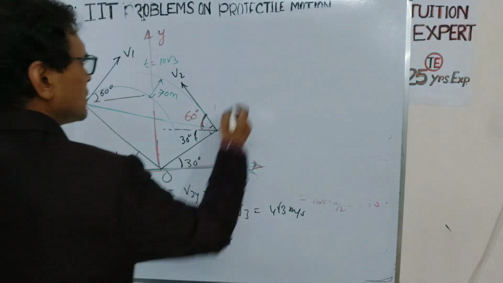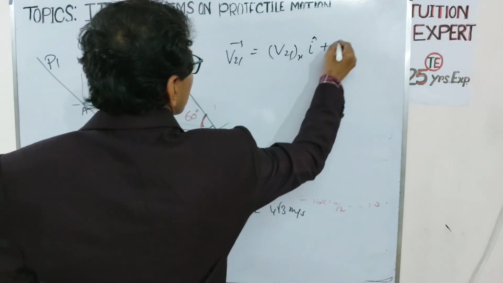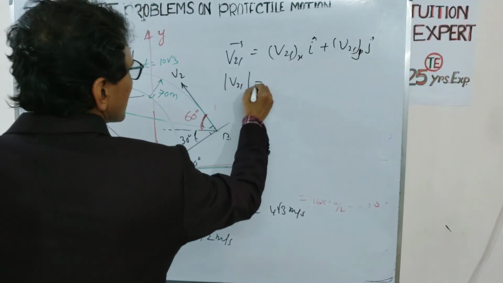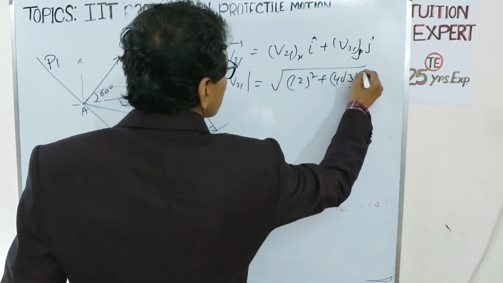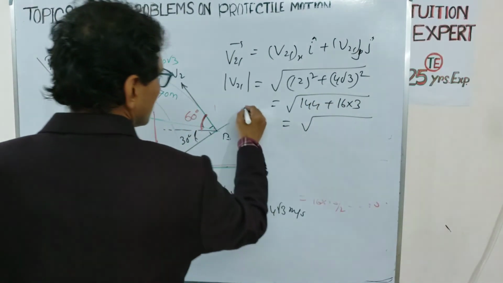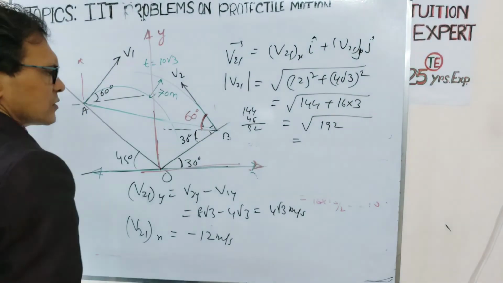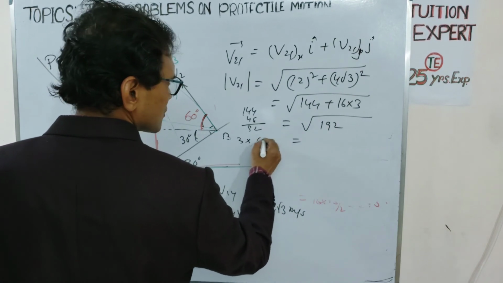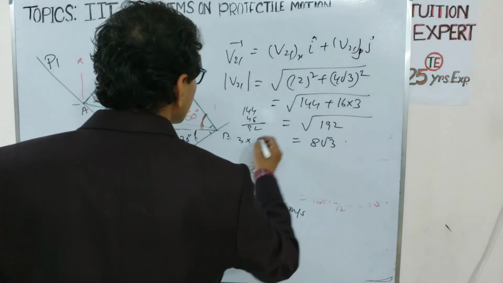V21 equal to V21x i plus V21y j, so magnitude of V21 becomes root over this square plus this square. So magnitude of V21 equal to this.